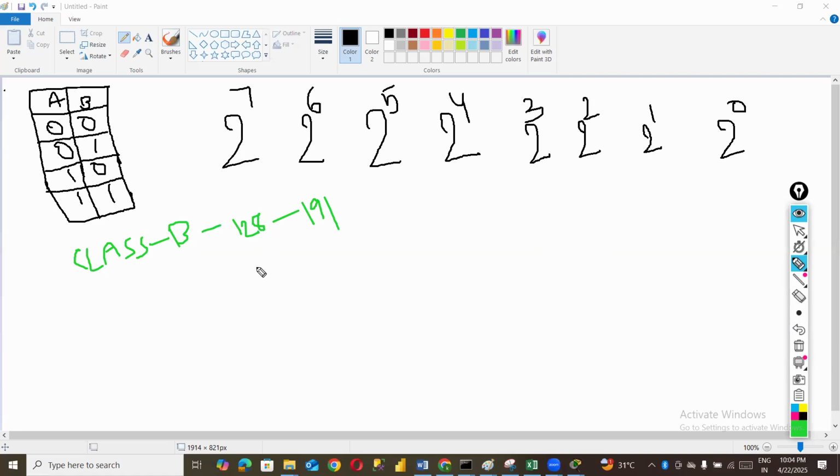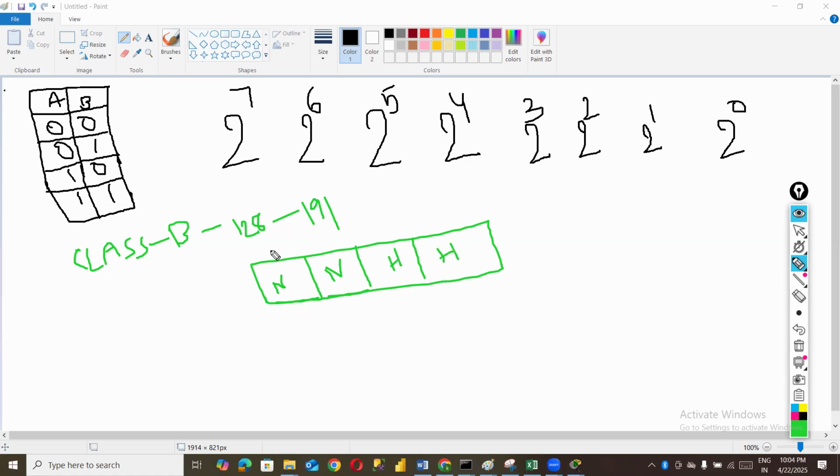And in class B, for example, if we can say IP address in 4 octets, again, we'll divide this. In class B, first 2 octets are network bits. In class A, only first octet is network bit. But in class B, first 2 octets are network bits. Remaining are host bits.